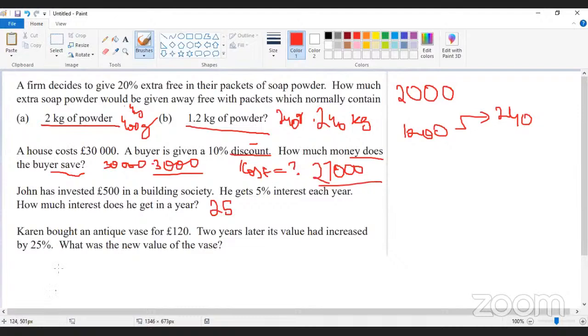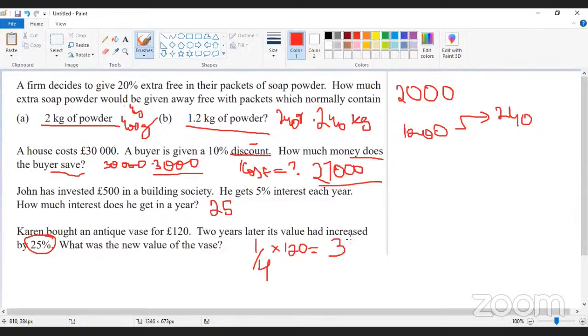So when I say 25% for the last question, when I say 25%, what is the fraction? One is to 4. Yeah, 1/4. So 1/4 into 120. So that would be 30.